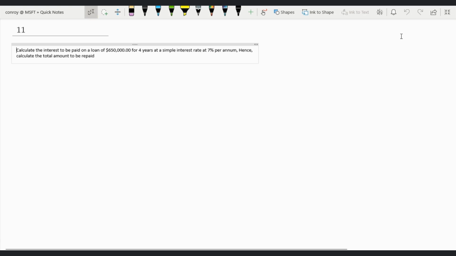All right. Moving now on to our next question. It says calculate the interest to be paid on a loan of $650,000 for 4 years at a simple interest rate of 7% per annum, and calculate the total amount to be paid. All right, just to write our formula, I, which is simple interest, is equal to principal times rate times time over 100.